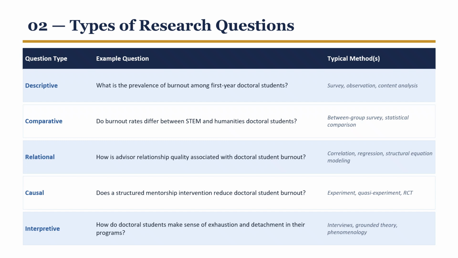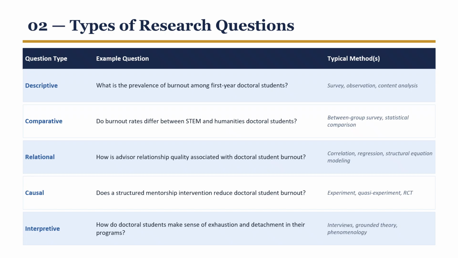So the first one is descriptive. The example is, what is the prevalence of burnout among first-year doctoral students? So descriptive meaning you're going to collect a whole lot of data and it's going to describe the phenomenon. So typically, how would you get that information?